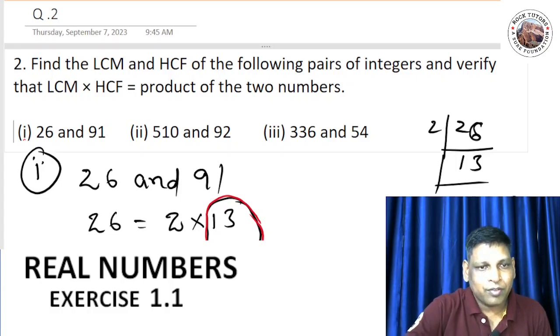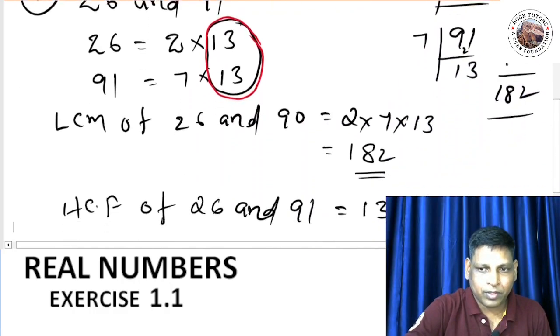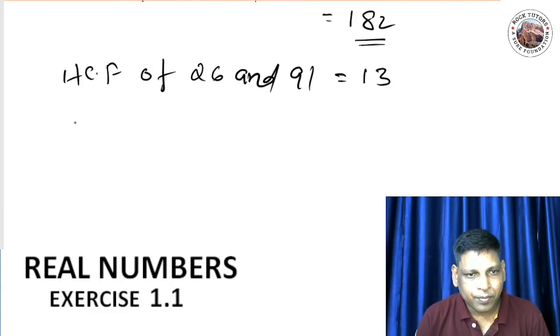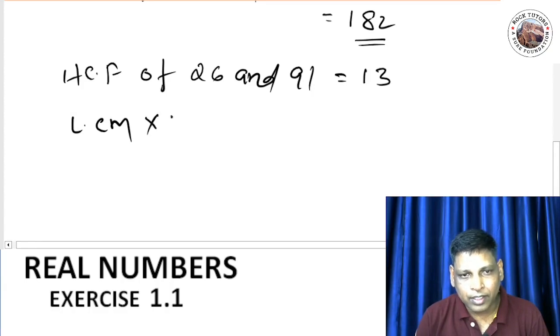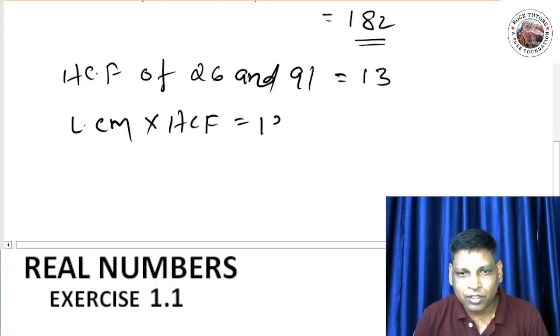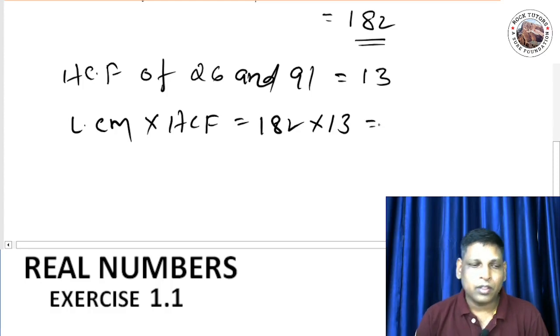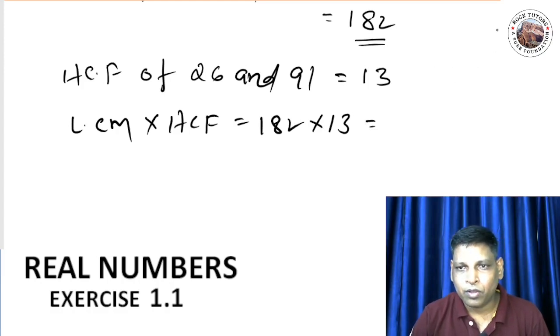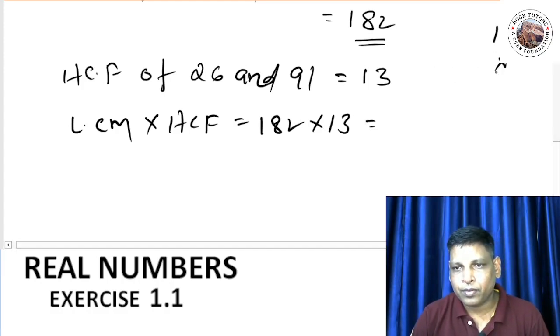First we find LCM into HCF, which is 182 into 13. We multiply 182 into 13.